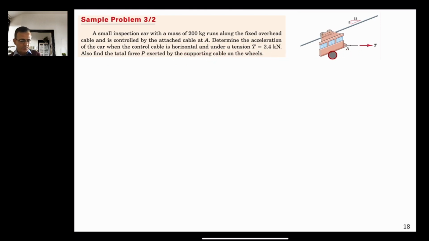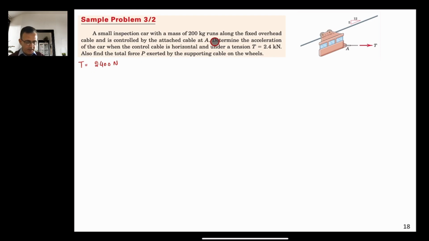Okay, so in this case, what we can write is that T, which is given, is 2400 Newton. We multiply this 2.4 kilonewton by 1000 because it's in kilonewtons, so we change it to Newton.